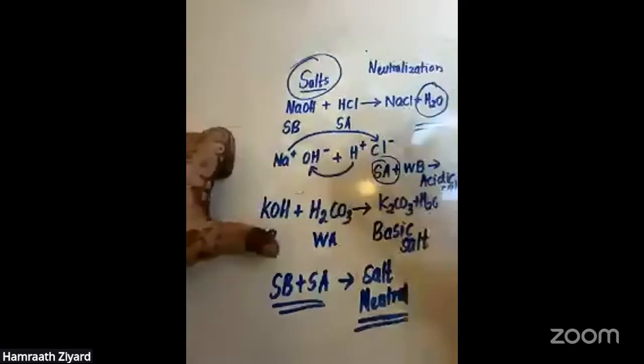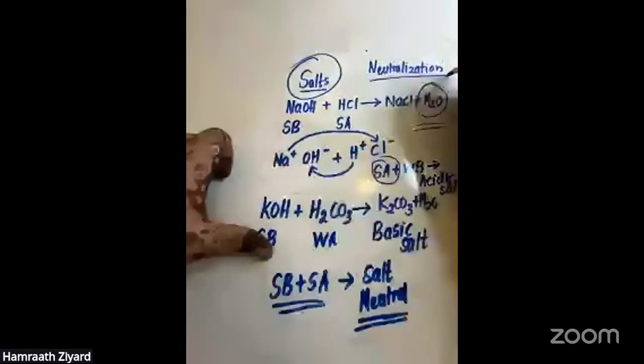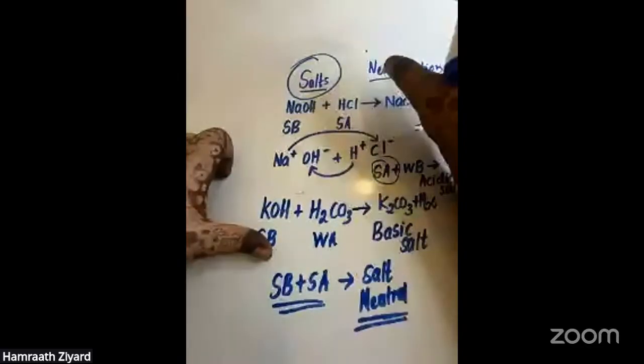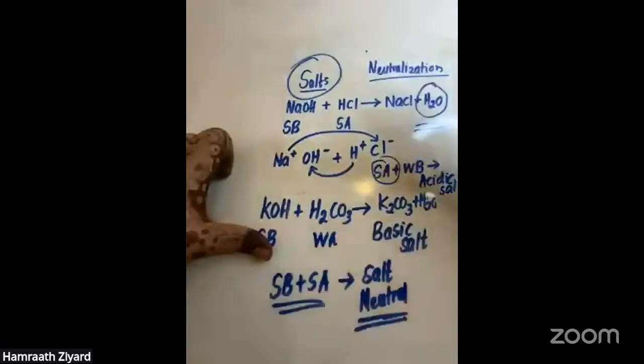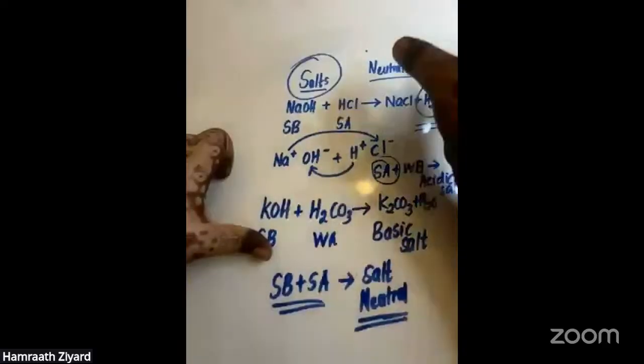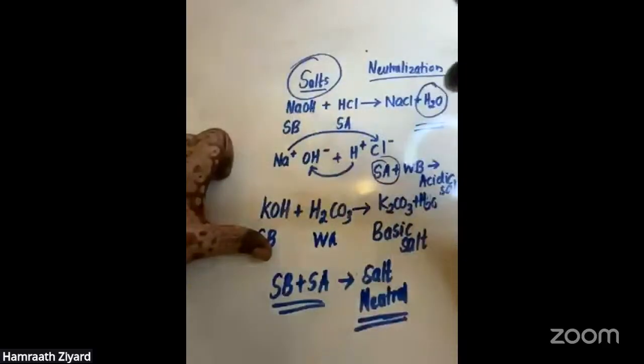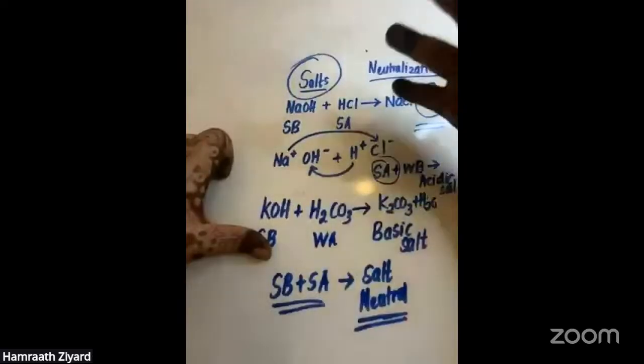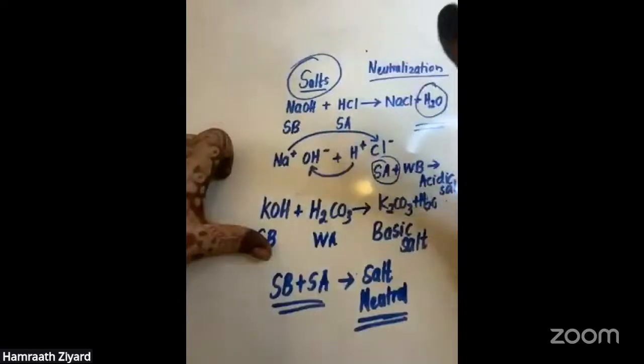When it comes to the neutralization process, there are some situations that happen in our life. In our natural life, it happens. Neutralization happens inside our stomach. Just think, what is the juice that is secreted by your stomach?